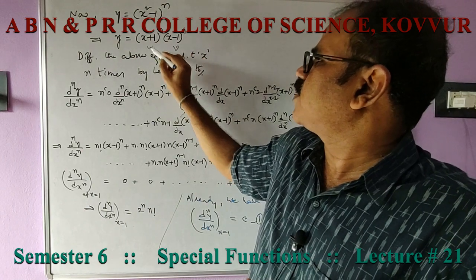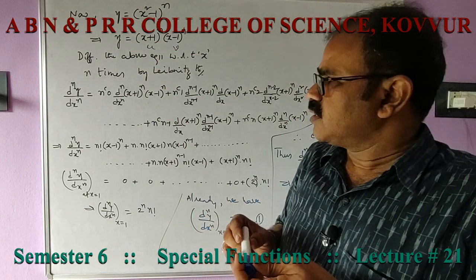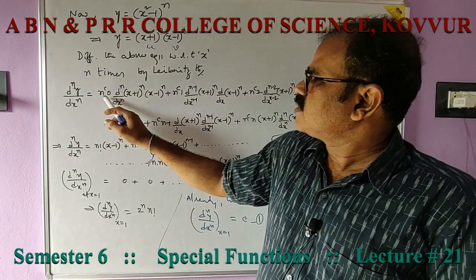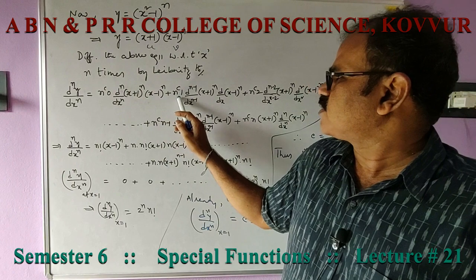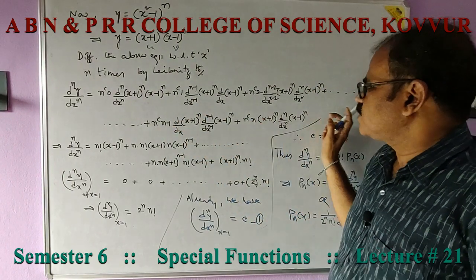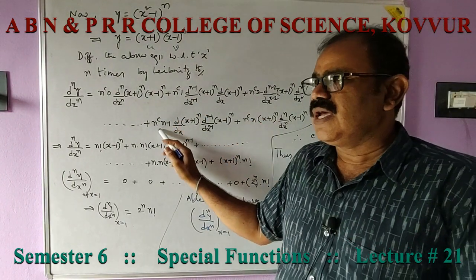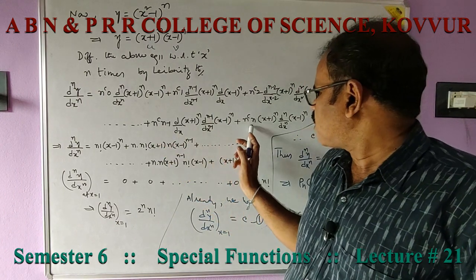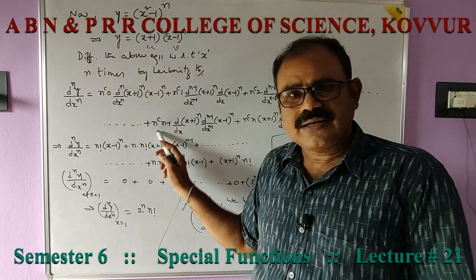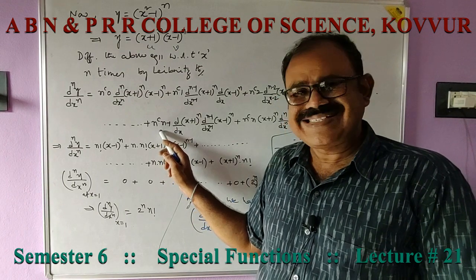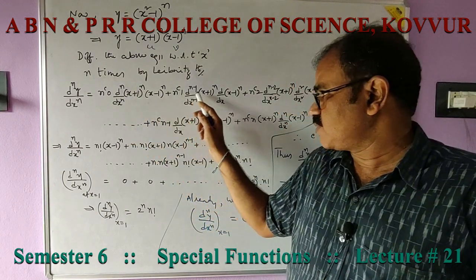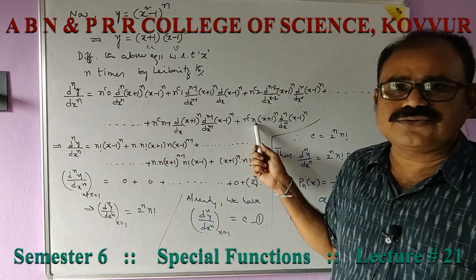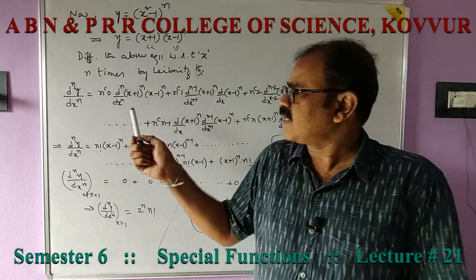So, the coefficients, as we are differentiating n times only, are nC0, nC1, nC2, nC3, and so forth. At last we have nCn and last but one nCn minus 1. Those are the binomial coefficients.